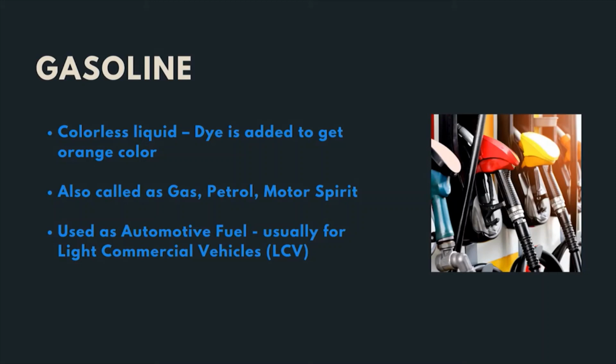What are the properties? The distillation test is very important, and it gives a lot of other details. By knowing the distillation test details, we will come to know whether this fuel is going to be effectively used in a two wheeler or a light commercial vehicle.